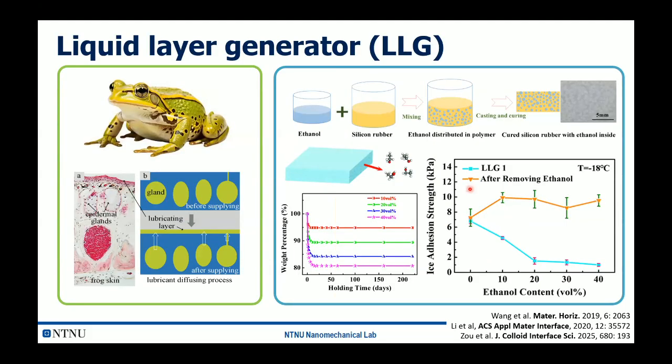And another example I want to show you: since we have this kind of substructure design, at the same time we can also fill those substructures with something. Here are the substructures filled with liquid lubricant inside, so that this liquid lubricant could diffuse into the interface.